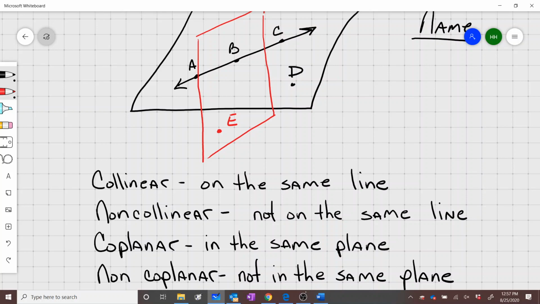How do we know exactly which points are in the black plane in order to connect to the red plane? Like, you know how you said A, B, D? How do we know it's not C, B, D? C, B, and E are non-coplanar. All three of them aren't in the same plane.